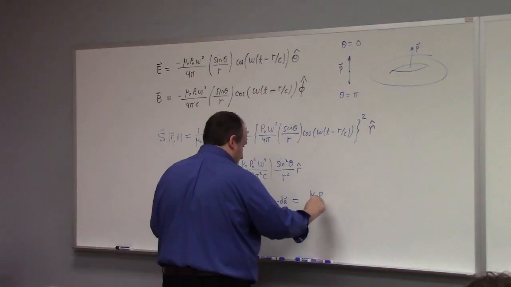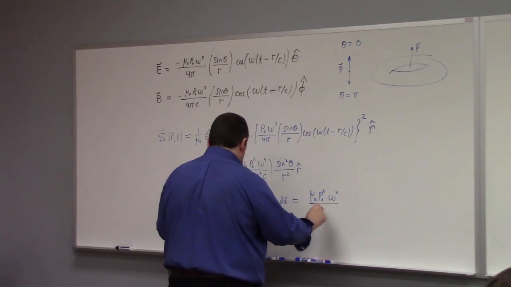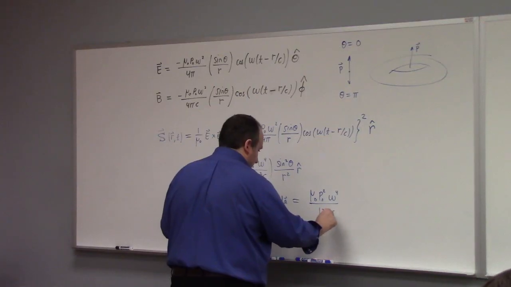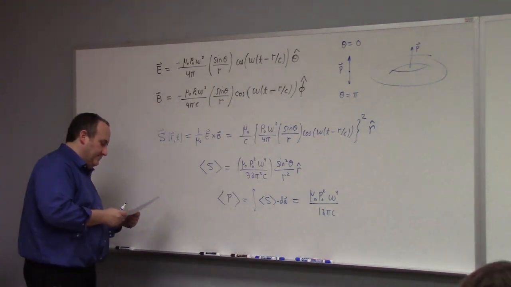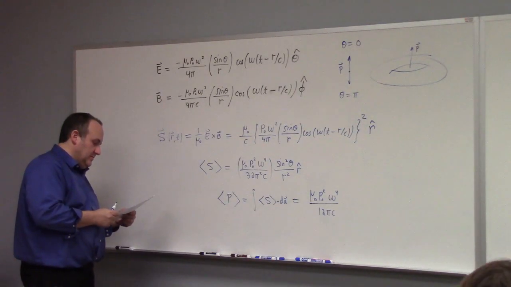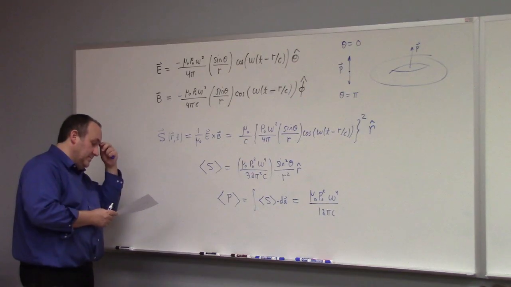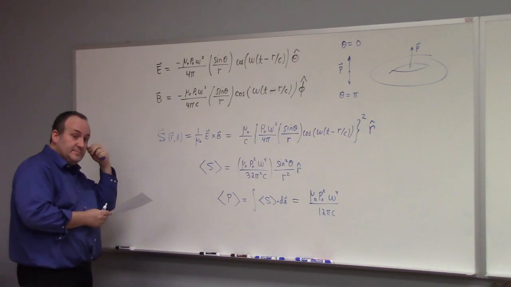It works out to mu naught p naught squared omega to the power 4 divided by 12 pi c. So that's the average power that you get per cycle at radius r from the radiation field.